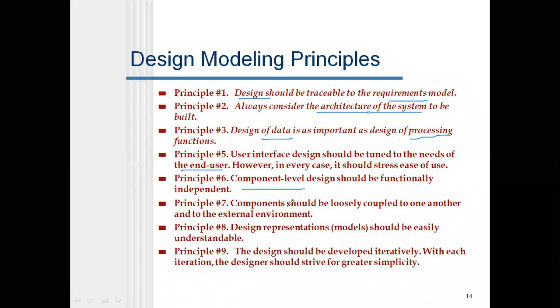For example, there is a family. Assume there is a family. In that family there is a mother, father, son and daughter. 4 members are there.